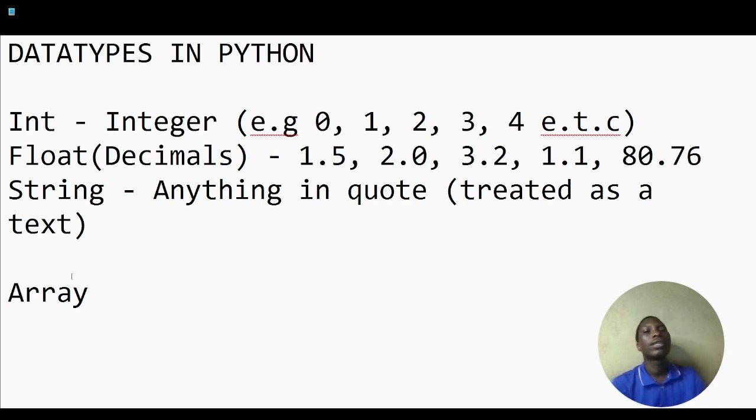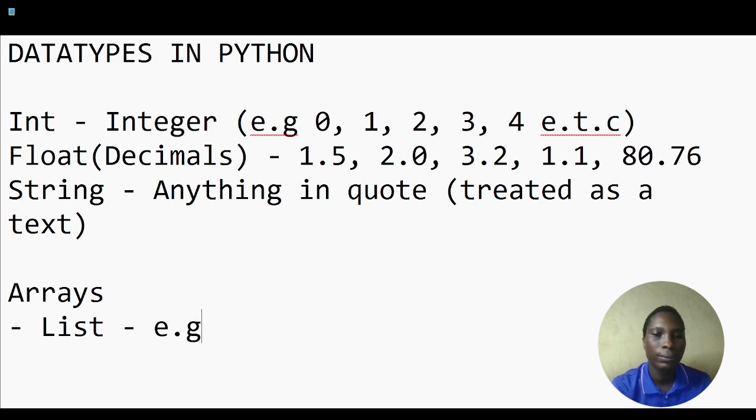A list is usually like this, okay? This is how a list looks. They use square brackets, and maybe, for example, we have student names, or my hobbies.